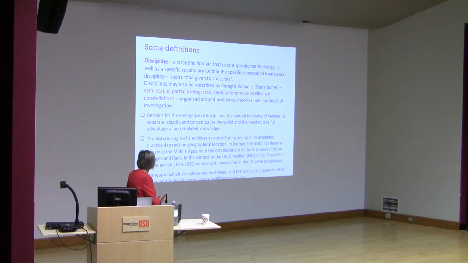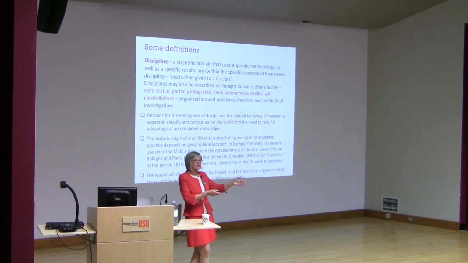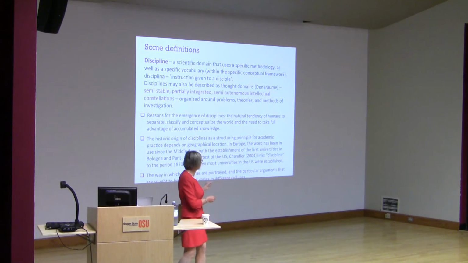Now, I found it interesting to look at how disciplines were characterized. And if you're in Europe, the term was used much, much earlier than in the US. And this already tells you that what we classify as certain disciplines has to do a lot with the cultural context of how the term is used.